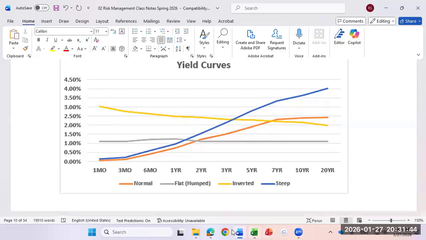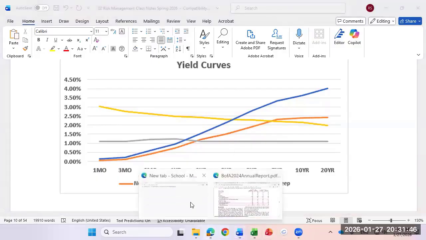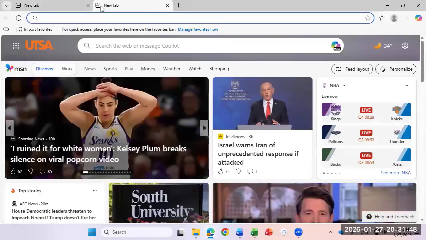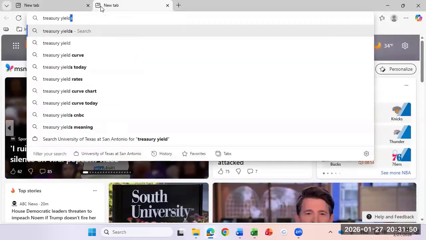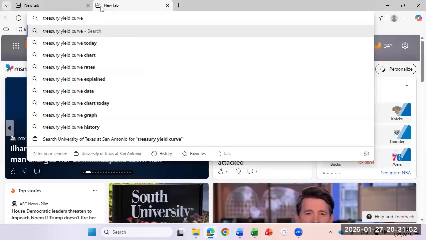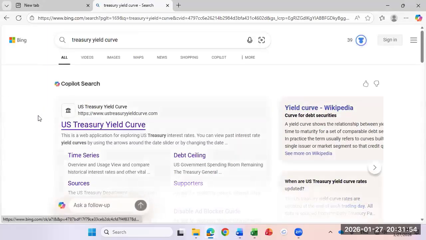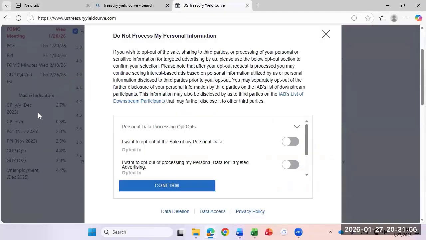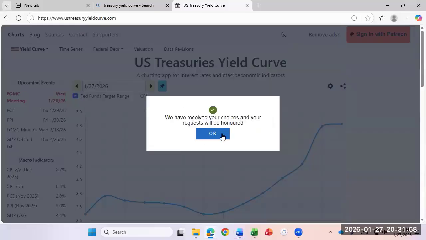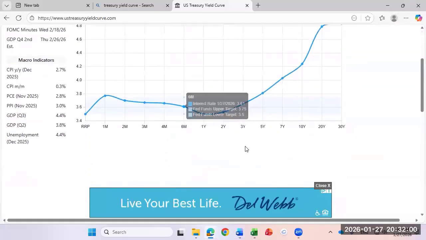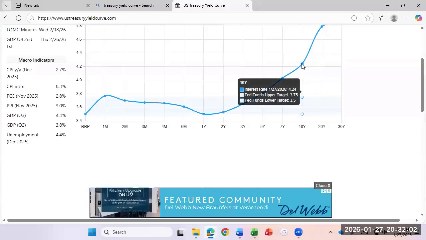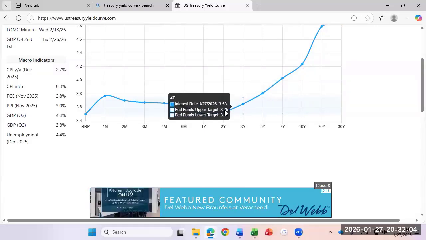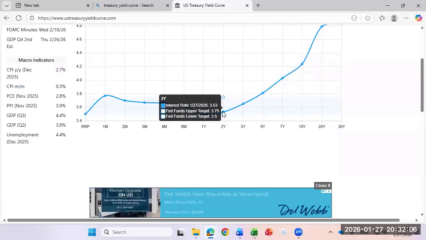Right now, you can see the 10-year is at 4.24 and the 2-year is at 3.53, about 70 basis points. We're back to normal.